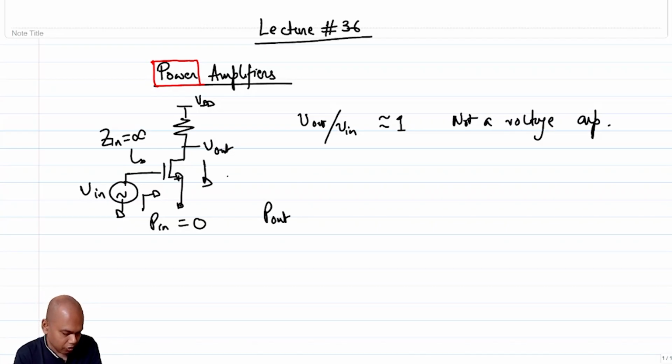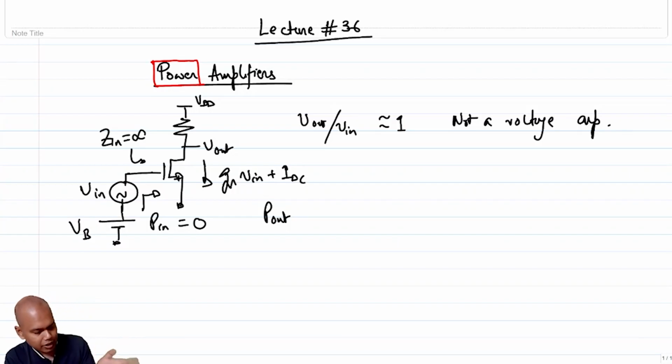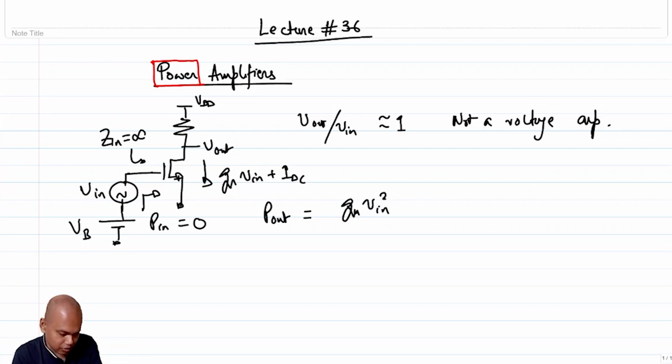The current out is Gm times V in, right? So let me also show the biasing on the VDD side. The incremental current is Gm times V in, and the total current is IDC plus Gm times V in, but the incremental power output will essentially be Gm squared V in squared, that is the current that is going into RL.